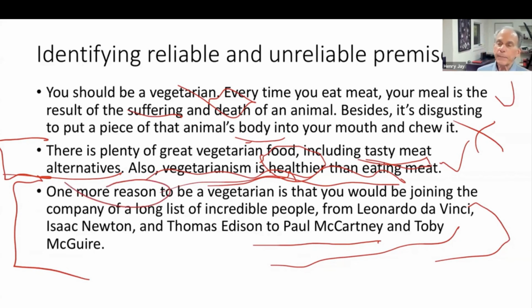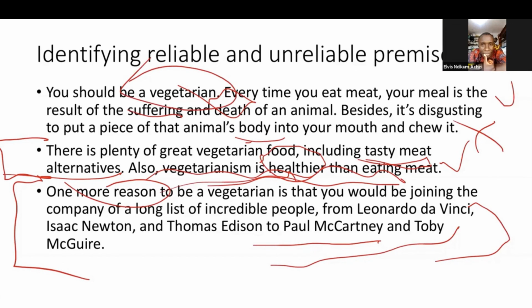If you gave me a list of famous nutritionists, I'm not sure. But if you gave me sources of authority, then I may say reliable. So, at the end of the day, are you convinced that you should be a vegetarian? Is this a weak, moderate, or strong argument? Are many people on this call who were not previously vegetarians convinced now?